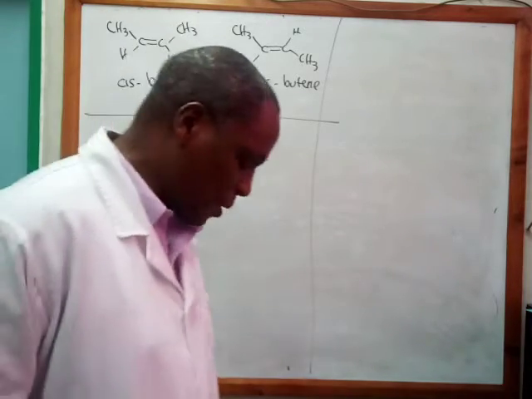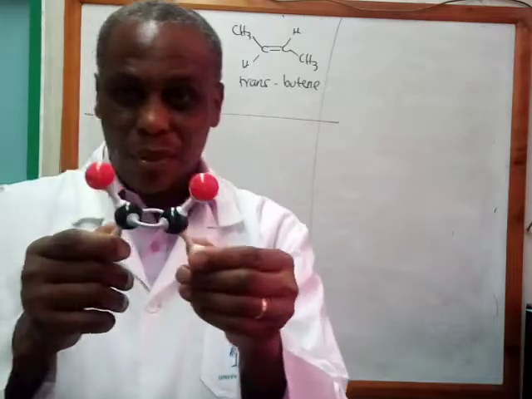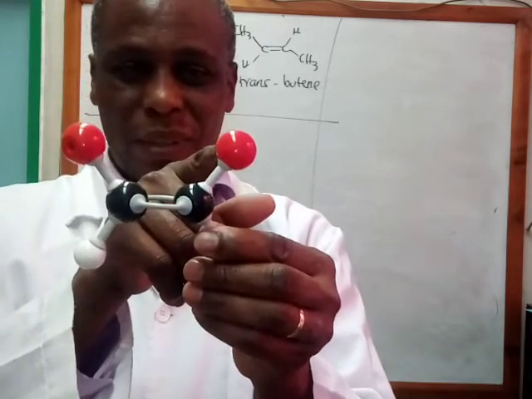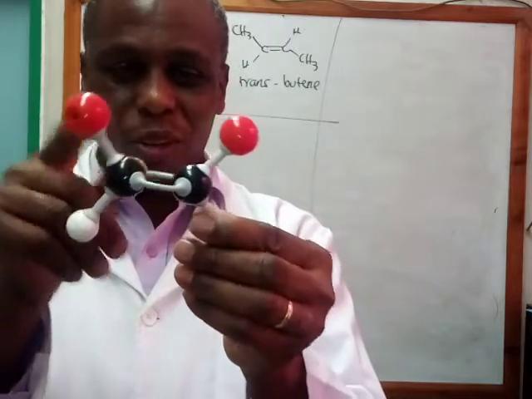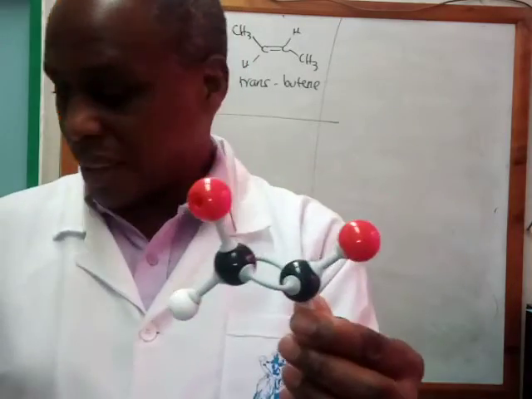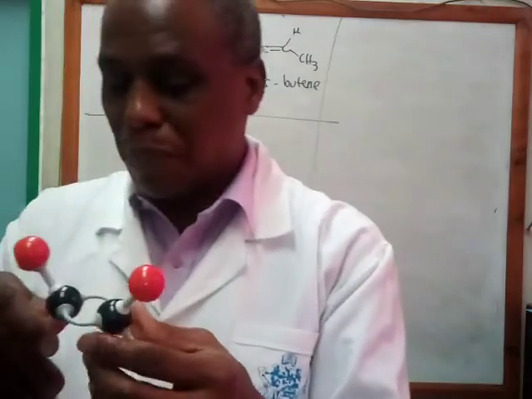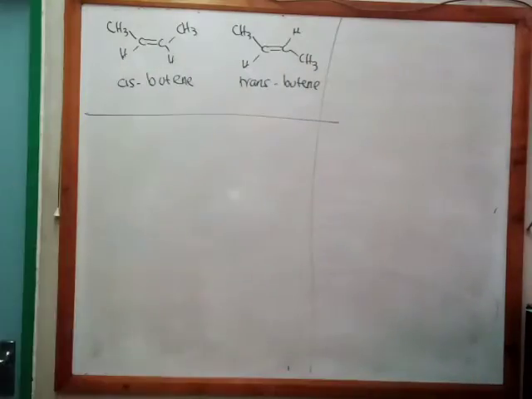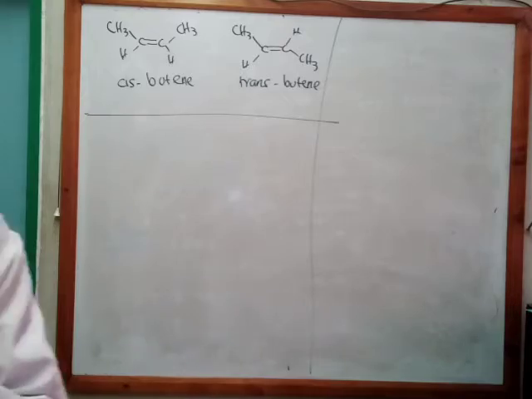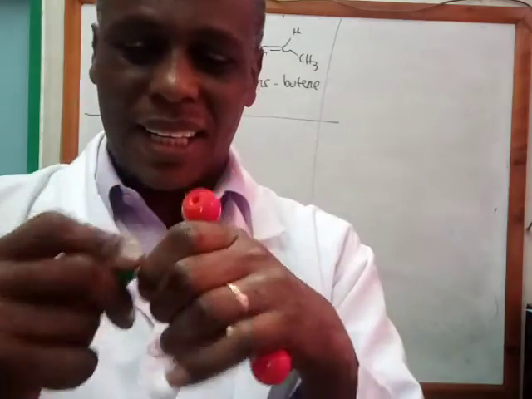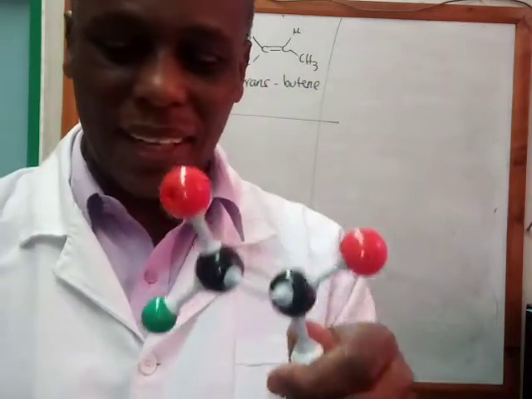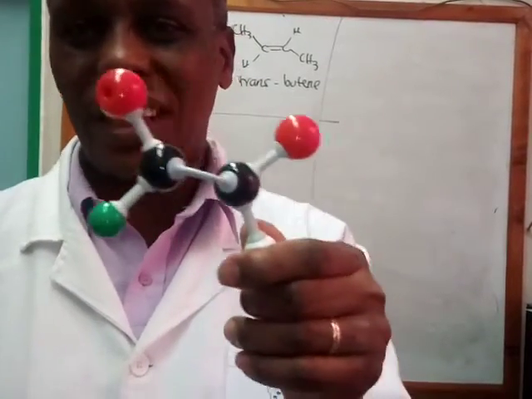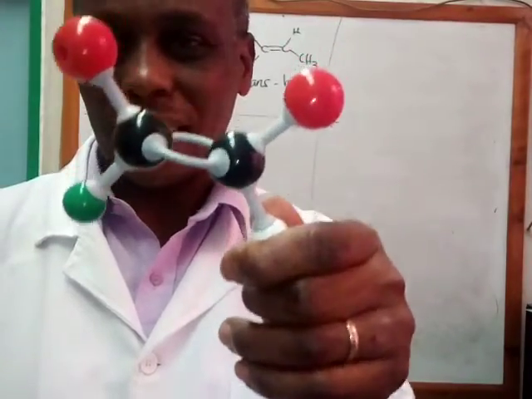Take for example this case, where the red one is the methyl group and this is the hydrogen. But what I want to do is put in another atom, like a green ball here, representing another functional group. It doesn't really matter what the functional group is.